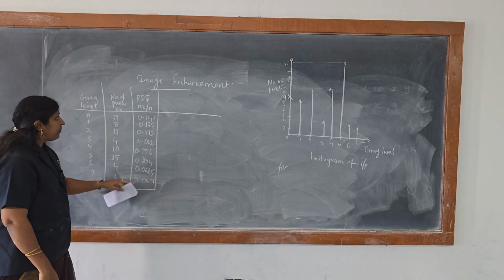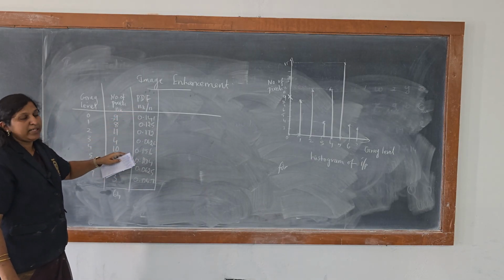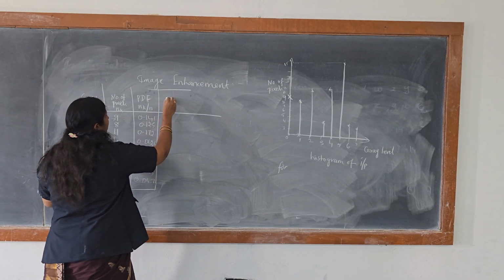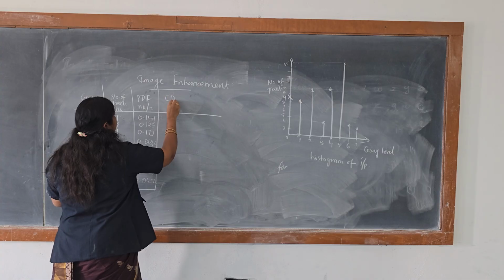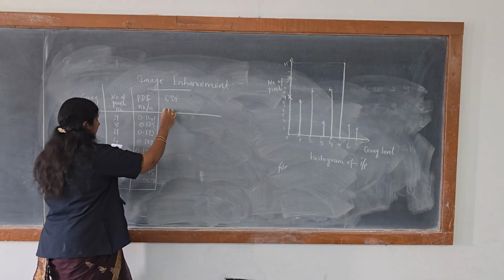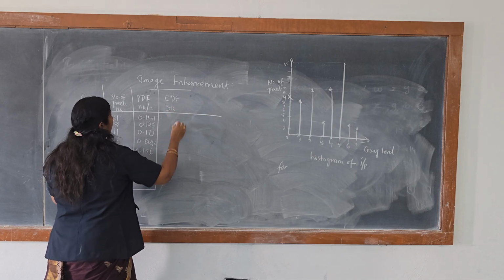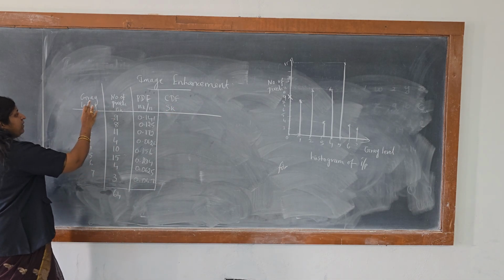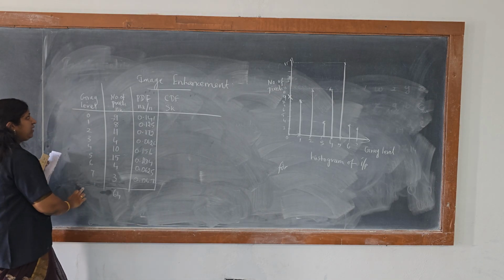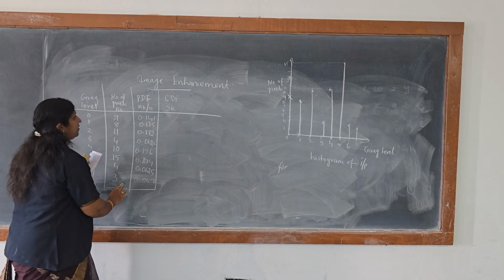Okay. So first we have calculated the probability density function. Now we can calculate the cumulative density function. This cumulative density function can be represented using the symbol S of k. The gray level values and the number of pixels are given in the problem statement.